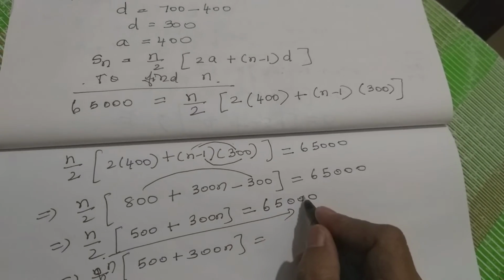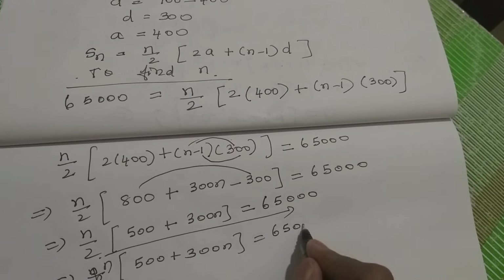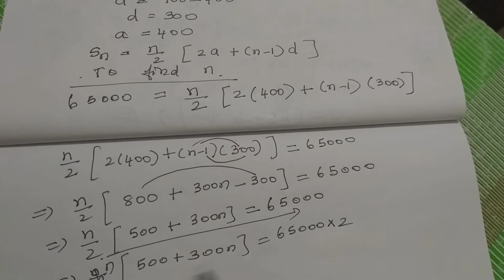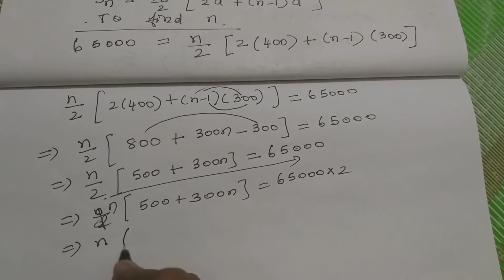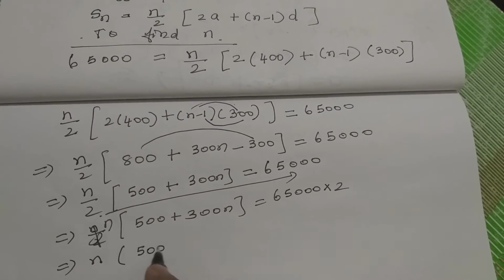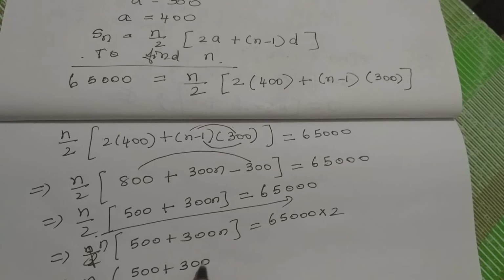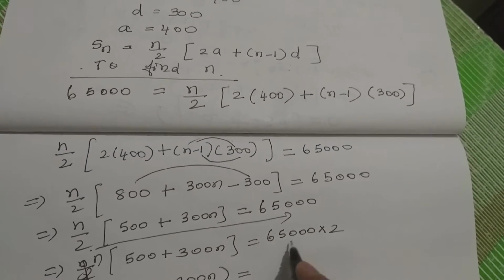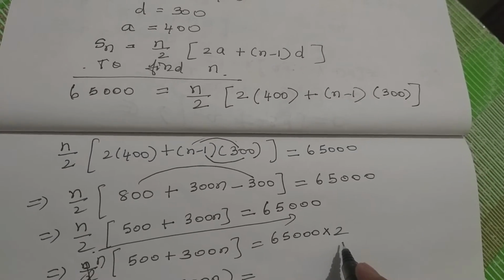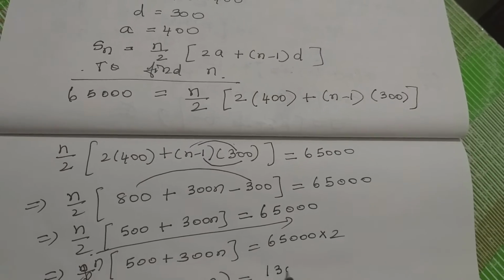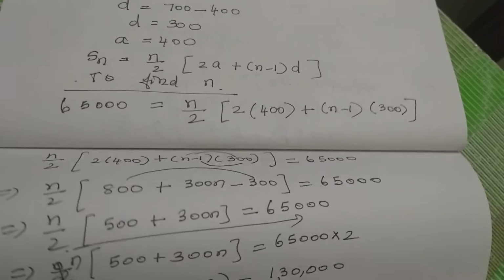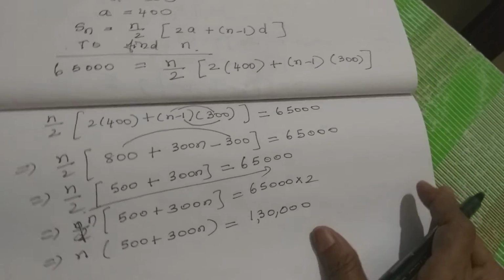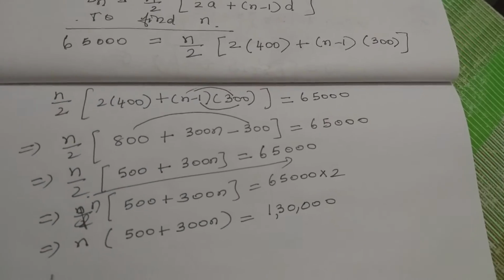When 2 goes to this side, it will be 65,000 into 2. So we get n into 500 plus 300n equal to 65 into 2, which is 130, and put 3 zeros, so 1,30,000. Do you understand, children? 65 into 2 is 130.